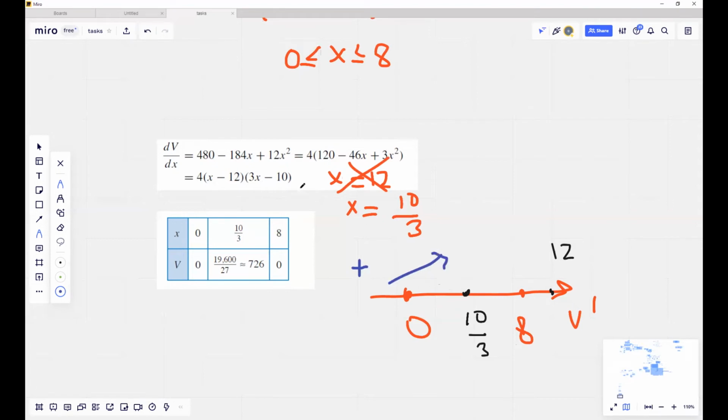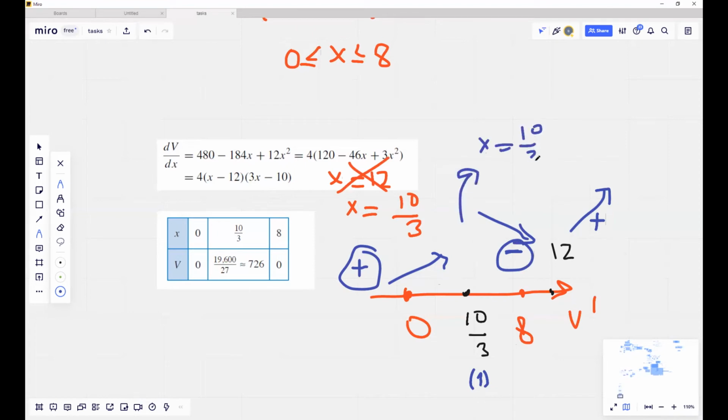And at 10 over 3, the multiplicity is 1, so odd multiplicity, so the sign will change to minus, and the function is going to decrease, and after 12 it will be positive, but we don't care what happens after 12. The only thing we care about is that the function is increasing up to 10 over 3, and then it's decreasing after 10 over 3. So at x equal to 10 over 3, our function has a relative maximum.